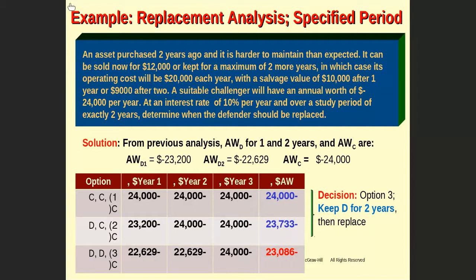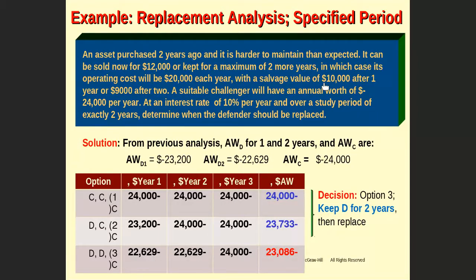It has to be converted to an annual from a present, for the number of years is 1, minus 20,000, which is the annual of the defender for the first year, and the salvage, that is the 10,000, replaced to an annual from future for 1 year.